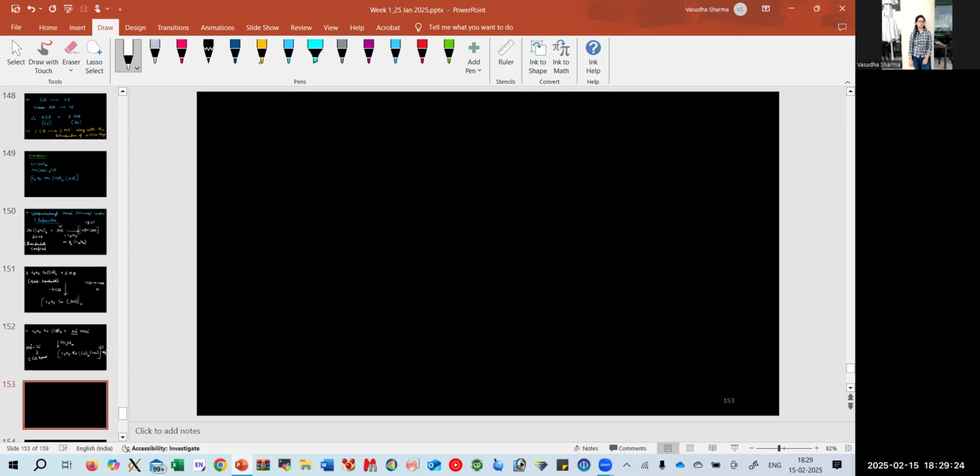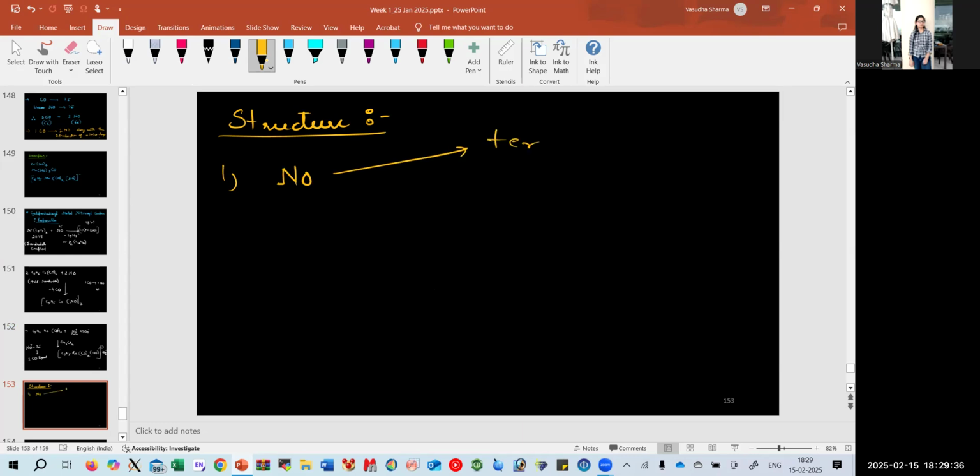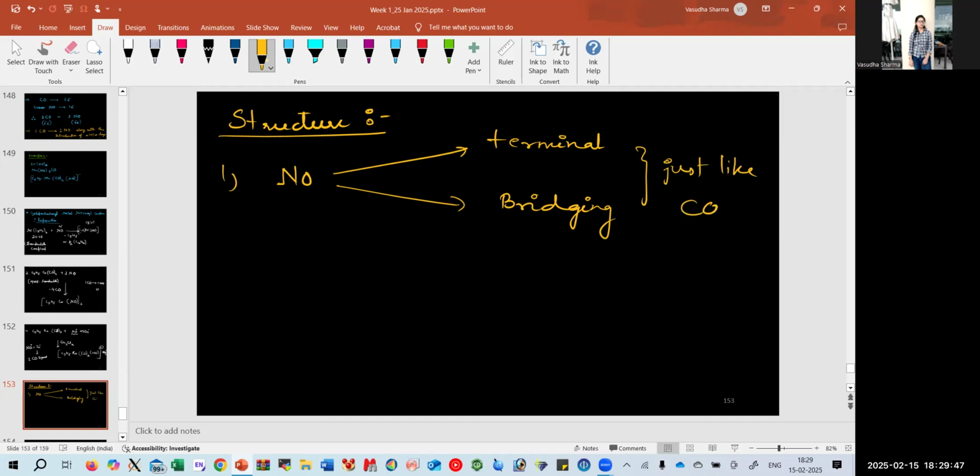Moving ahead, we have the structure of these complexes, which is very important. As I mentioned, NO can bind as a terminal ligand, or it can bind as a bridging ligand, just like the carbonyl group.